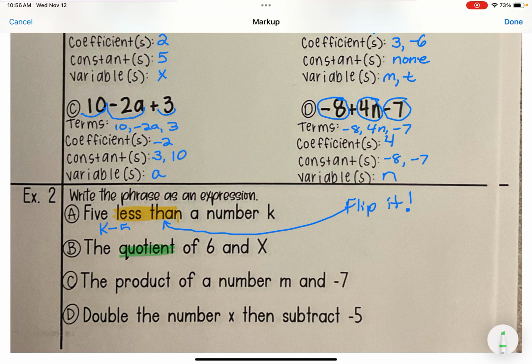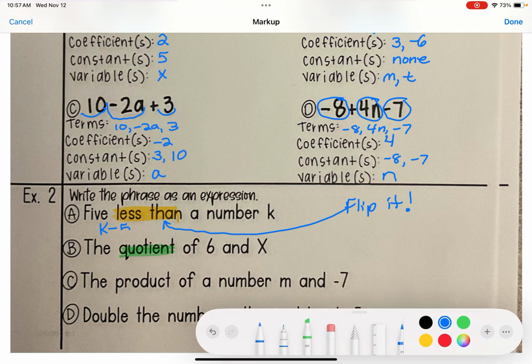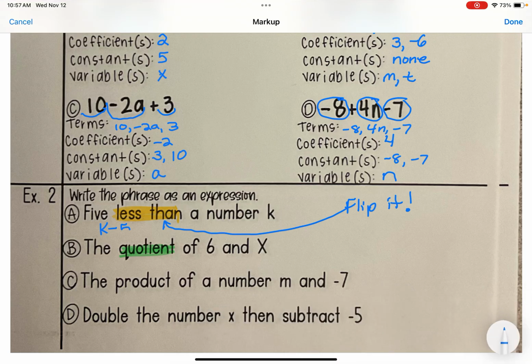So the quotient of 6 and x, we would go ahead and we would write 6 divided by x, or you could write it 6 slash x, because we know that that means divide by. When we have that fraction line, it means divide by, okay? So 6 divided by x.